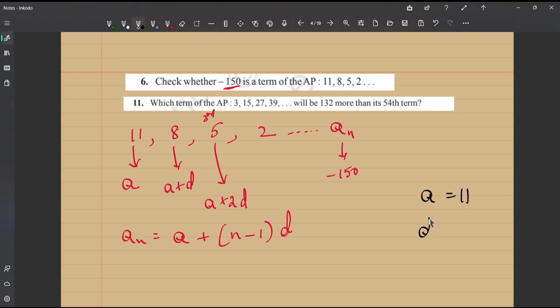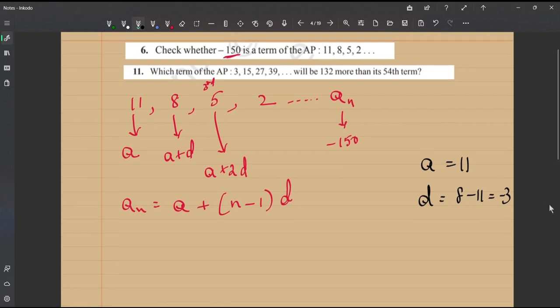The common difference D is the second term minus the first term. Of course, it's going to be negative because this is a decreasing arithmetic progression. So, it's negative 3. So, let us substitute and see if we can obtain any n for which the whole thing would be equal to minus 150.